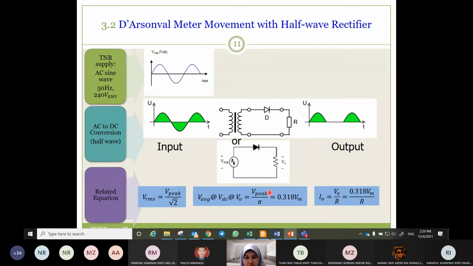Vm is the same as V peak. So 1 over pi is equal to 0.318. Here 1 over pi, and Vm is equal to V peak. So I out is equal to V over R. We take this V out divided by R.